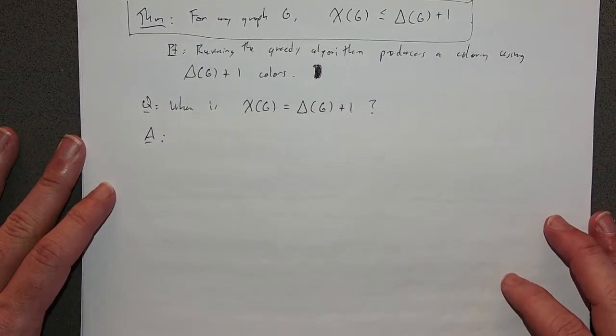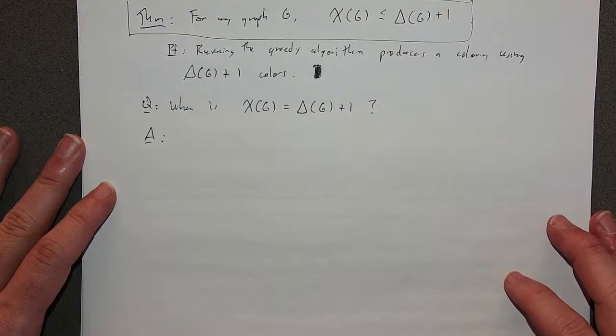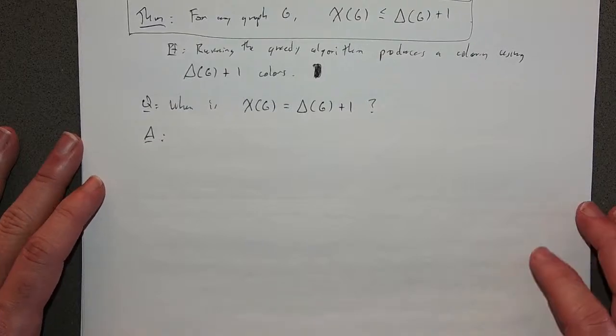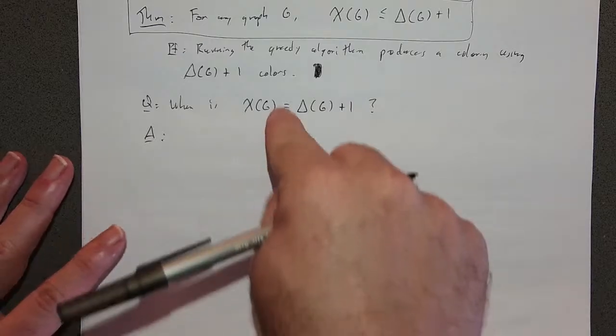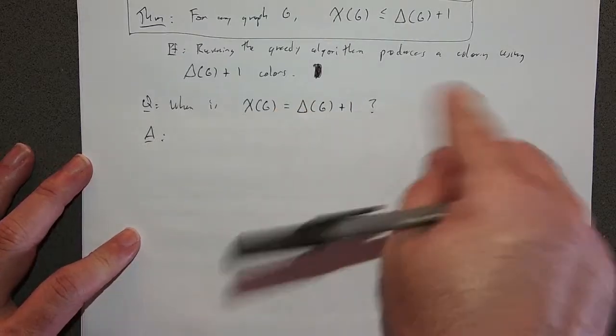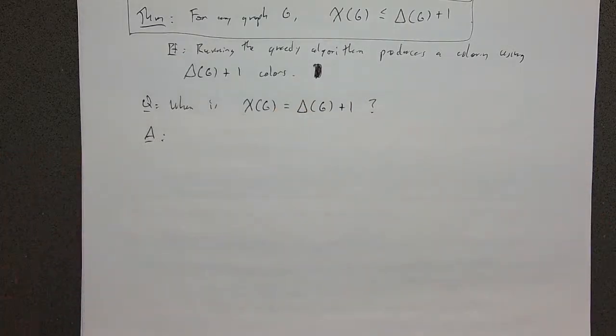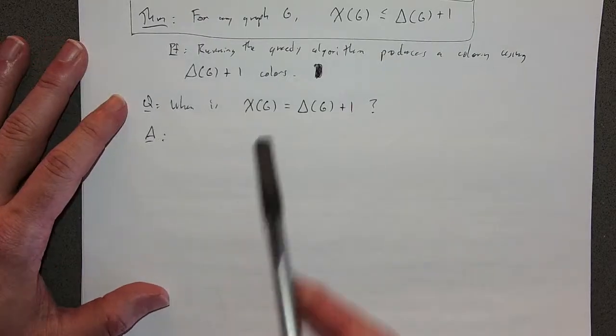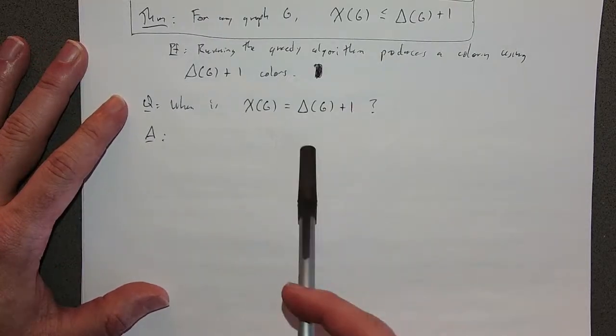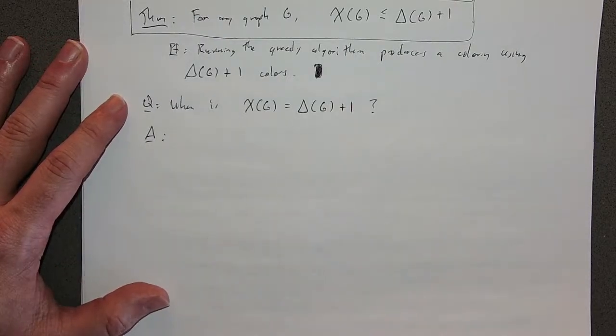This of course wasn't the case for a cycle C sub 4. The maximum degree of the cycle on 4 vertices is still 2, but we were able to 2-color it, right? So we know that this is the case for cycles on an odd number of vertices. The question is, are there any other examples?